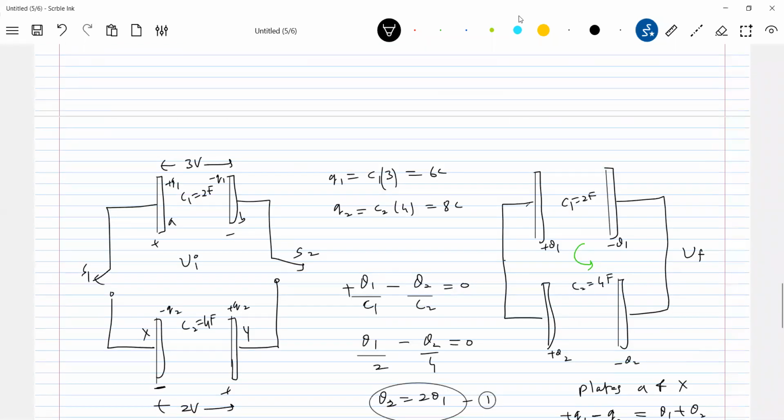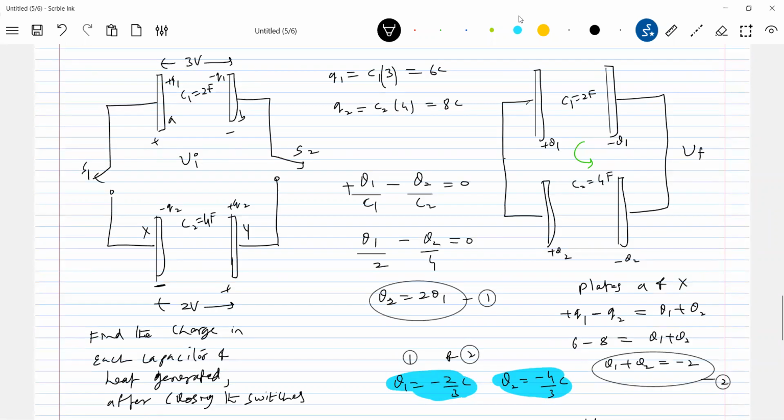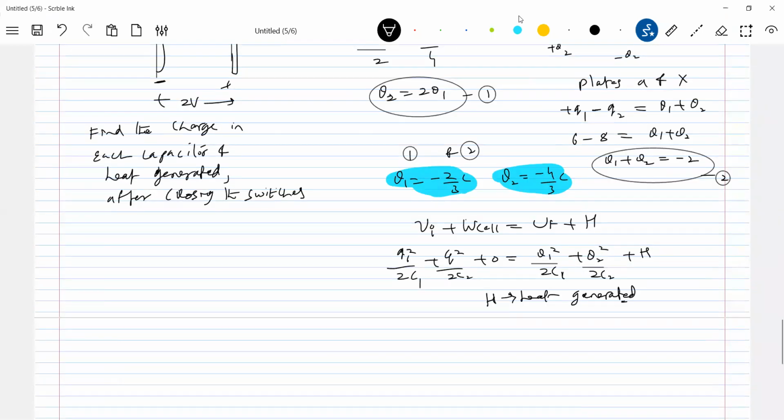Okay, here what happened? Both are charged, and the polarity is connected in this way. Okay, this is about what happens with one charged capacitor.